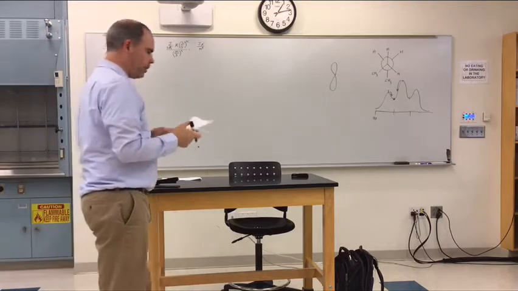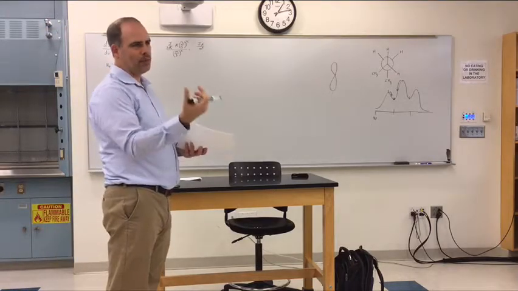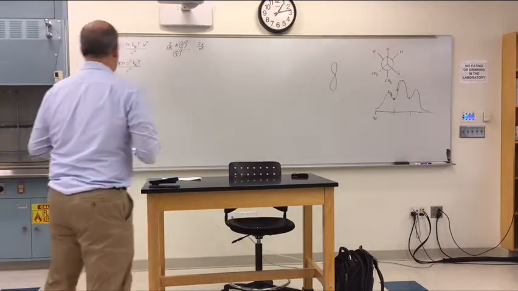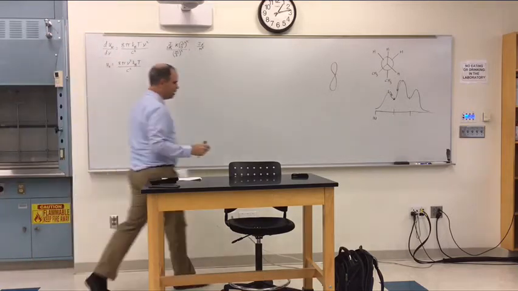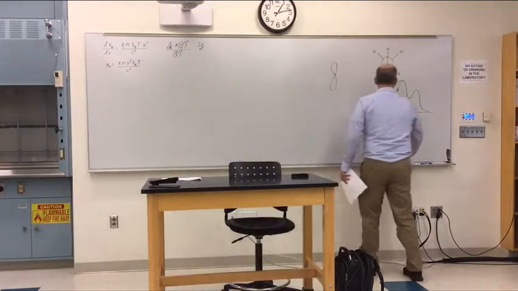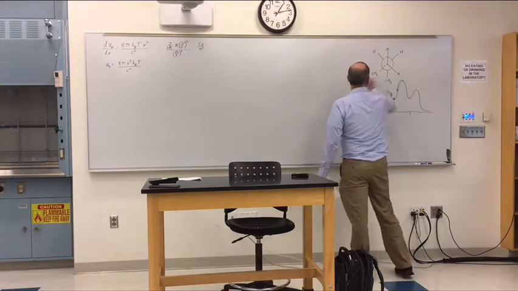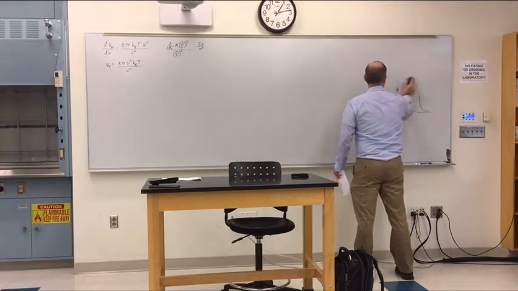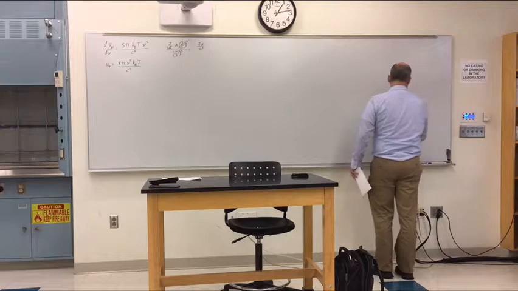So the first one, we were calculating the energy density. That's the energy per unit volume. What the equation that we were graphing before was the amount of energy coming off of a black body.